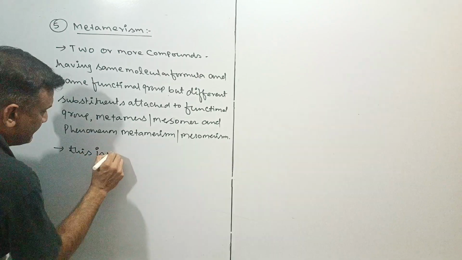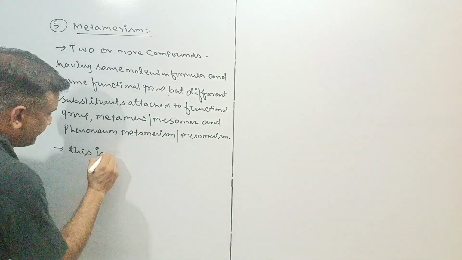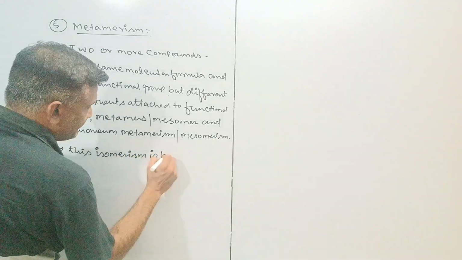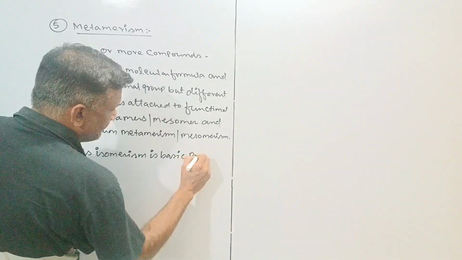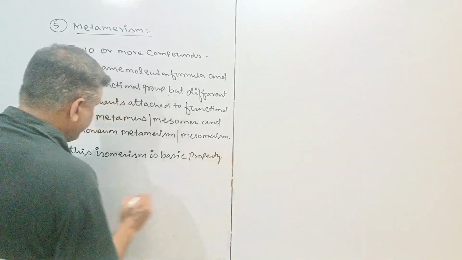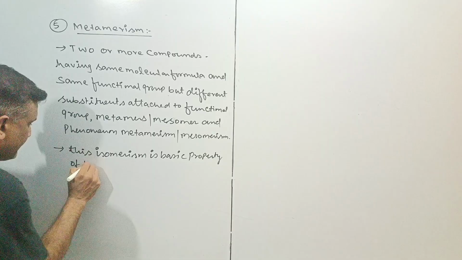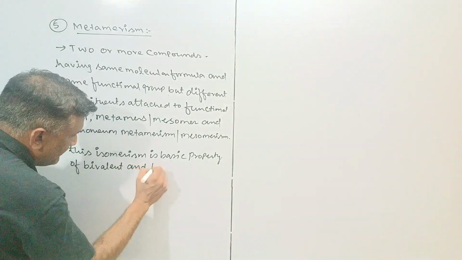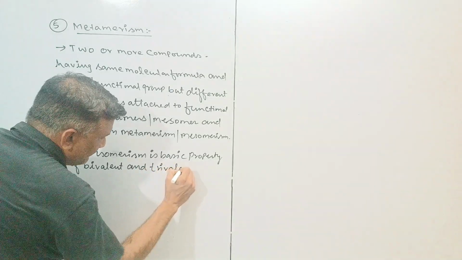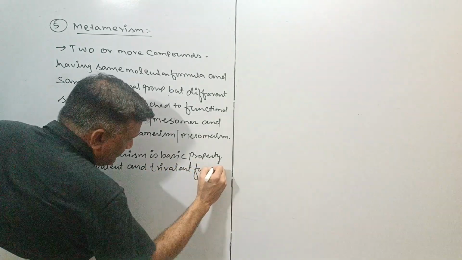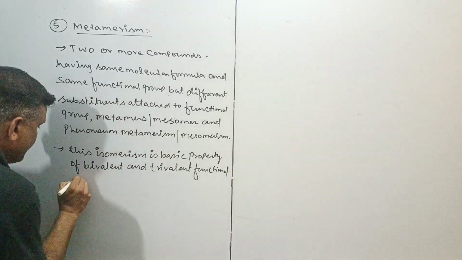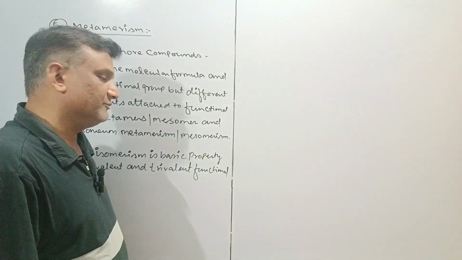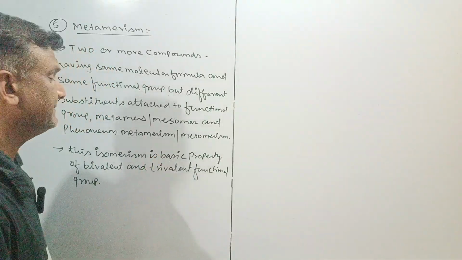This isomerism is a basic property of bivalent and trivalent functional groups, particularly those whose valency is 2 and 3, and they show this property more.